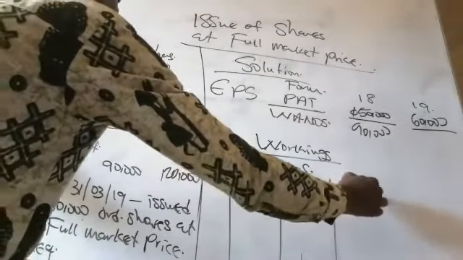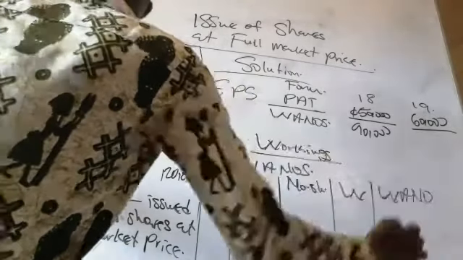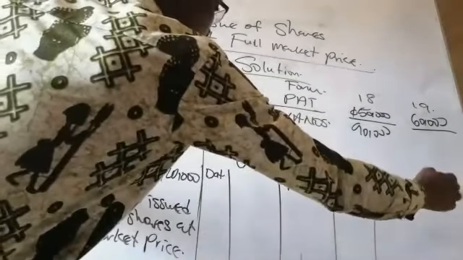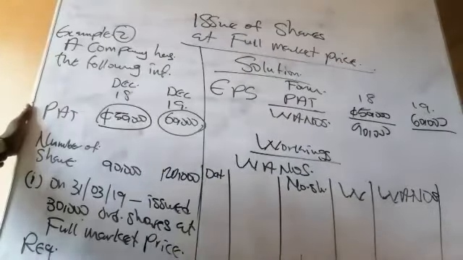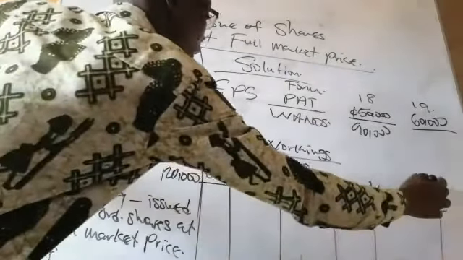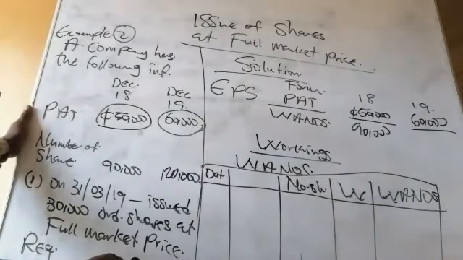Then the weight. Then here will be the weighted average number of shares. So basically, this is the table. Kindly keep it short, smart and simple like this for us. So we are doing it for 2019, agreed.